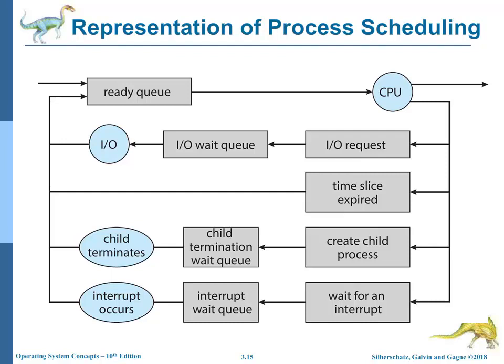In the first two cases, the process eventually switches from the waiting state to the ready state and is then put back in the ready queue. A process continues this cycle until it terminates, at which time it is removed from all queues and has its PCB and resources deallocated.